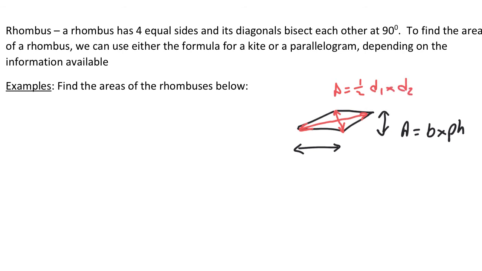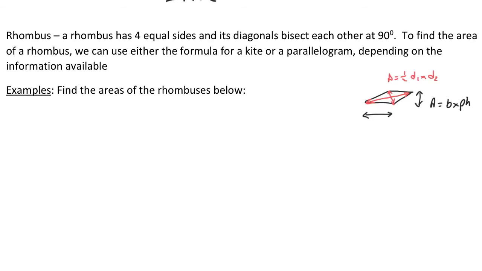So depending on the information you have would determine which formula we're going to use. So find the area of the rhombuses below. What we're going to have then is one rhombus whose four sides are all 5 centimeters.